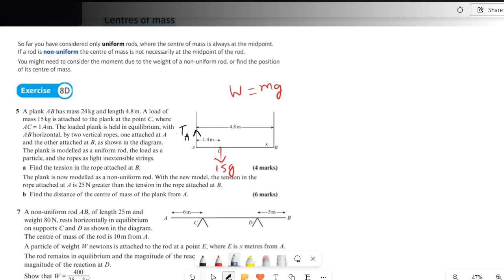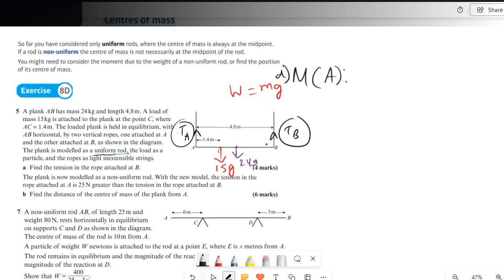Similarly, there will be a weight acting at the center of AB, which is going to be 24g because the plank is modeled as a uniform rod, and there will be a tension at B, which is going to be TB. Because we have two tensions here, in order to find TB, we have to take moments from A.